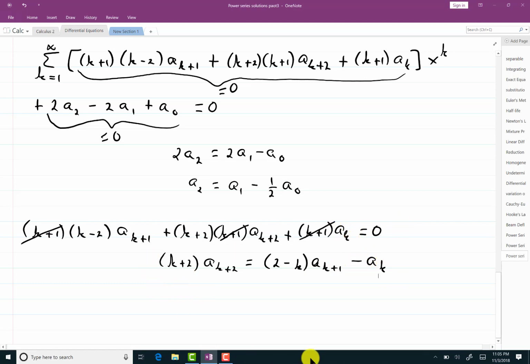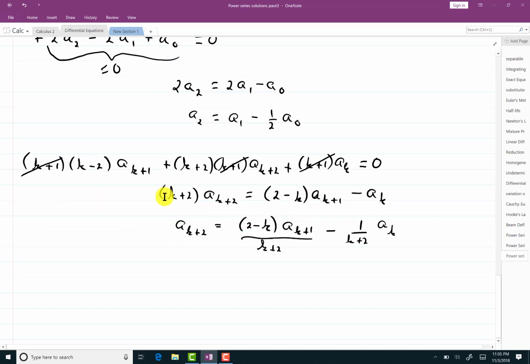Then finally I'll divide by k plus 2. So this will be our recurrence relation, if you will, that will generate the rest of the coefficients after a sub 2.